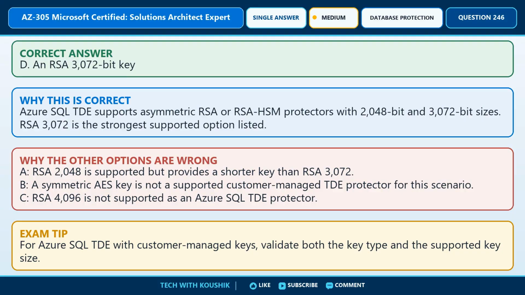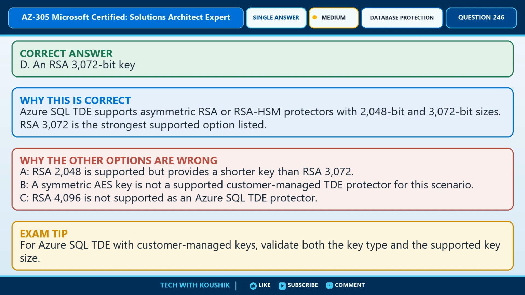The required response is option D, an RSA 3072-bit key. The requirement is satisfied because Azure SQL TDE supports asymmetric RSA or RSA-HSM protectors with 2048-bit and 3072-bit sizes. RSA 3072 is the strongest supported option listed.